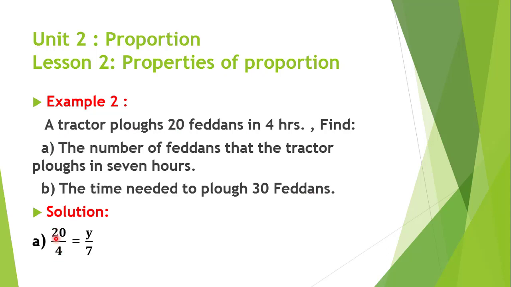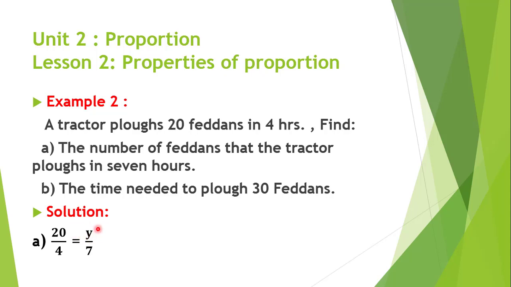The number of fiddles up, the number of hours down, 20 over 4. This is the number of fiddles, and here we have the number of hours. In A, the number of hours is 7. So I write 7 here, opposite of the hours, and I don't know how many fiddles.